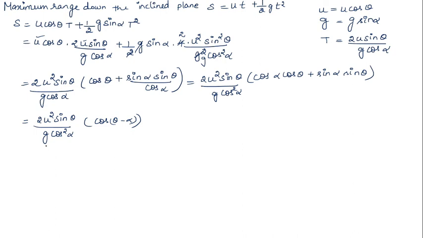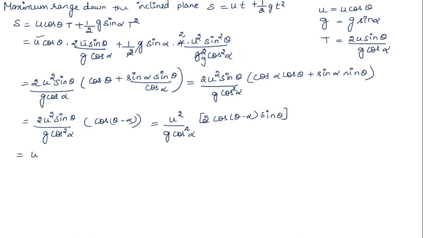Okay. Next we are combining the numerator terms together and keeping the constant term as it is. So it is u squared divided by g cos squared alpha and 2 cos of theta minus alpha into sin theta. Now we are going to combine this.